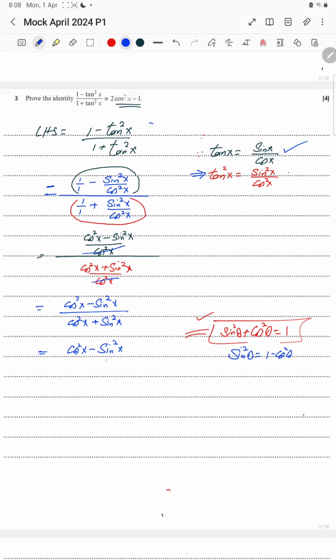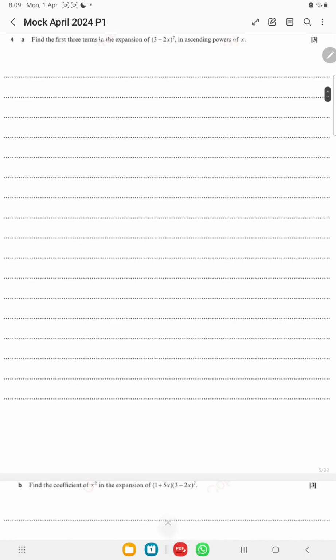So replace this sine with this one, we get cos square x minus (1 minus cos square of x). Open the bracket, we get cos square of x minus 1 plus cos square of x. That goes to be 2 cos square of x minus 1, which is your right hand side. Hence proved. You have proved this identity. I hope it is clear.